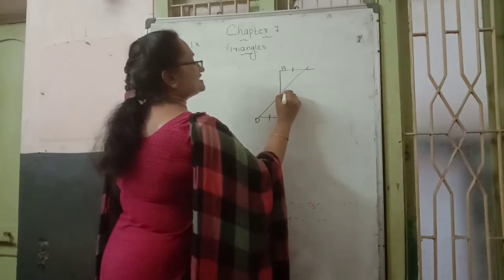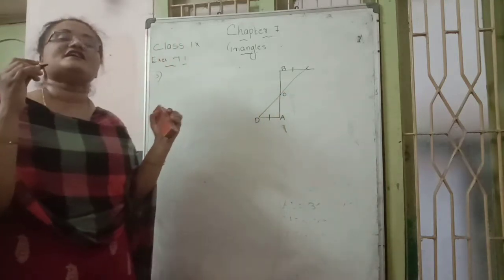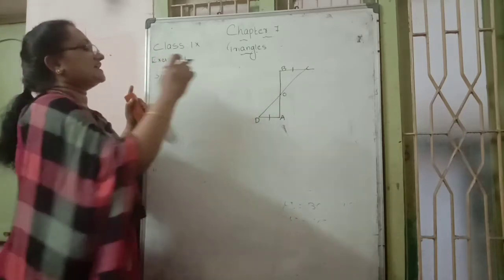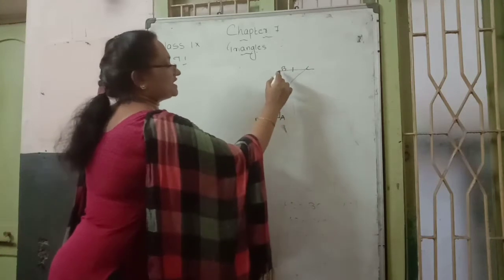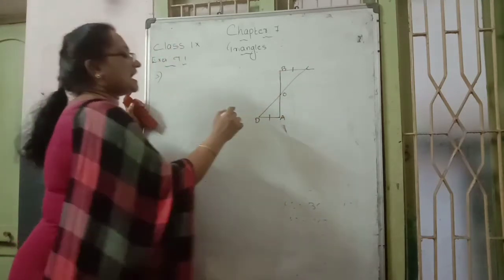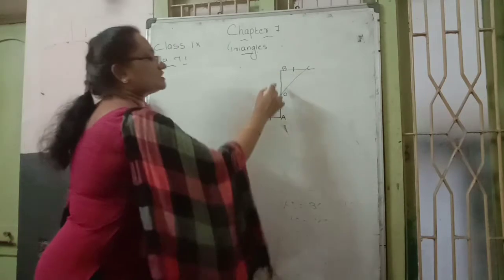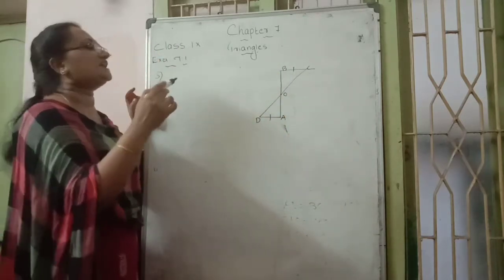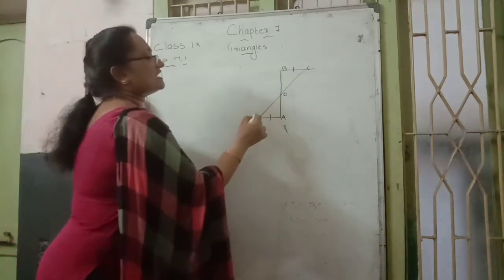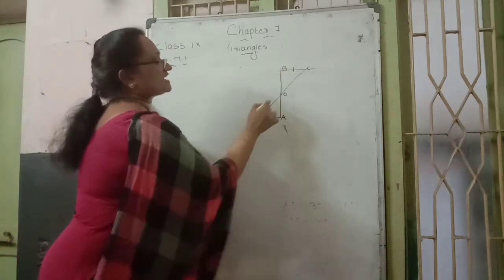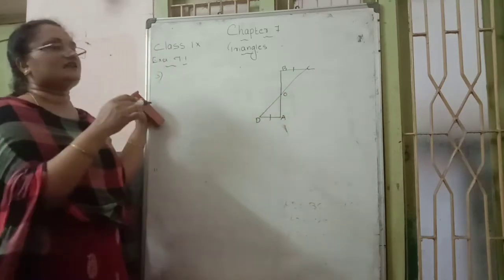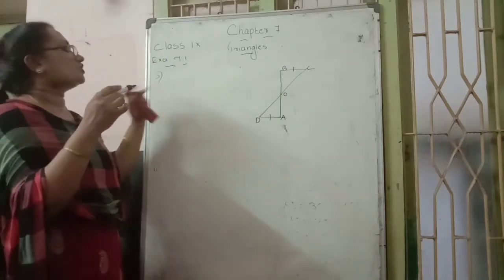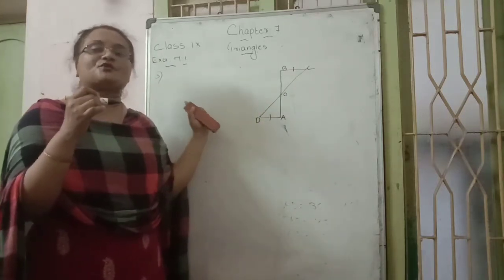These two lines intersect, and the intersection point is marked O. The diagram tells that BC is perpendicular to AB side and AD line is perpendicular to AB side. And prove that CD line bisects, meaning cuts, AB line. CD line bisects AB line. That is the meaning of the third question. We want to prove this.